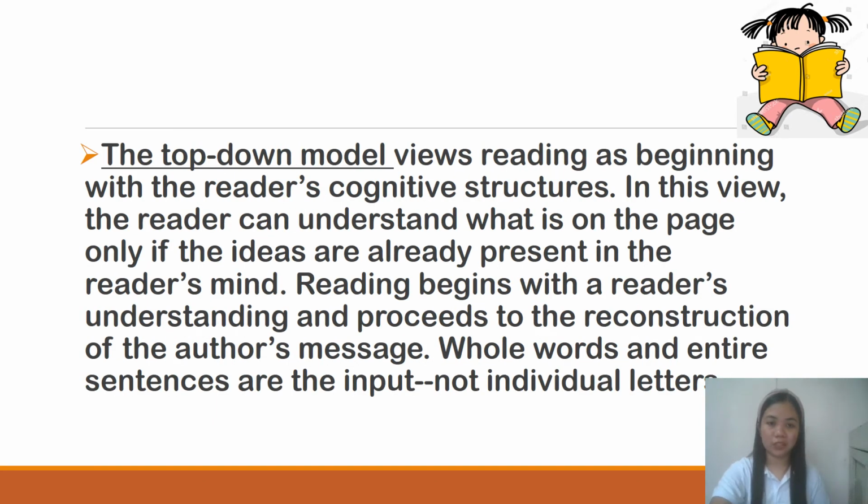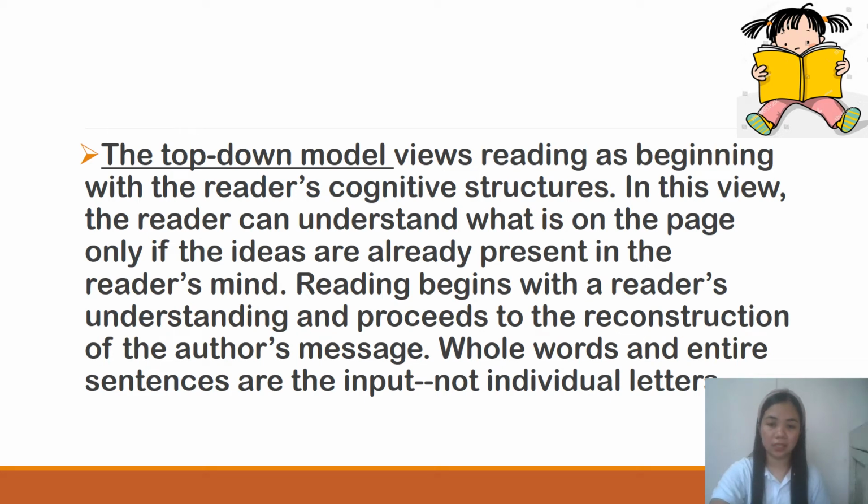The top-down model views reading as beginning with the reader's cognitive structures. In this view, the reader can understand what is on the page only if the ideas are already present in the reader's mind. Reading begins with the reader's understanding and proceeds to the reconstruction of the author's message.